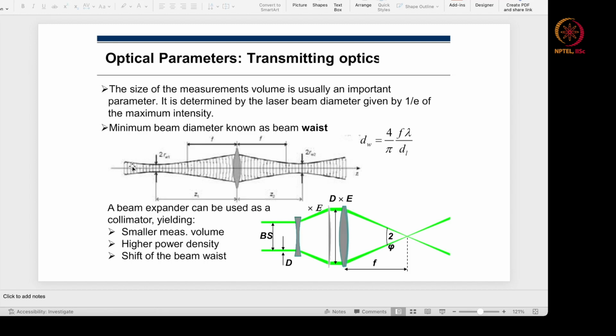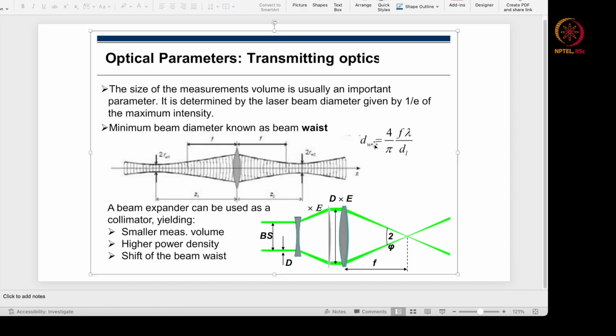So the smaller the value of this, the larger the value of this. So ideally you want this to be large. That means you need a large beam diameter for you to have a very small spot size, a very small DW2.